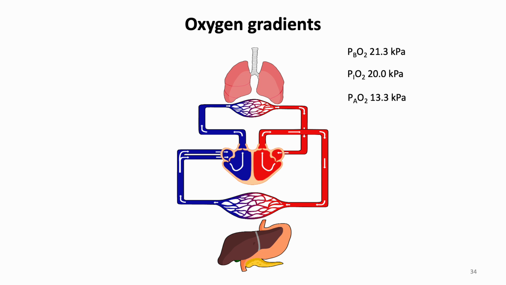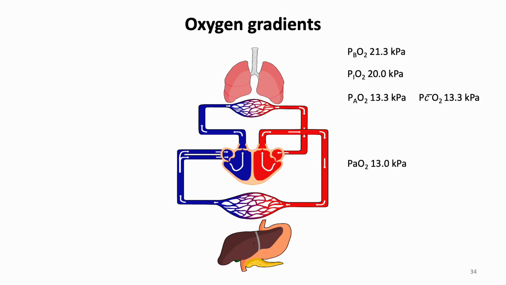The oxygen leaves the alveoli and enters the blood by diffusion, and more or less complete diffusion equilibrium sets in, so the end capillary oxygen tension is actually the same as in the alveoli. It's slightly lower, but not something that we can measure on the first decimal at least.